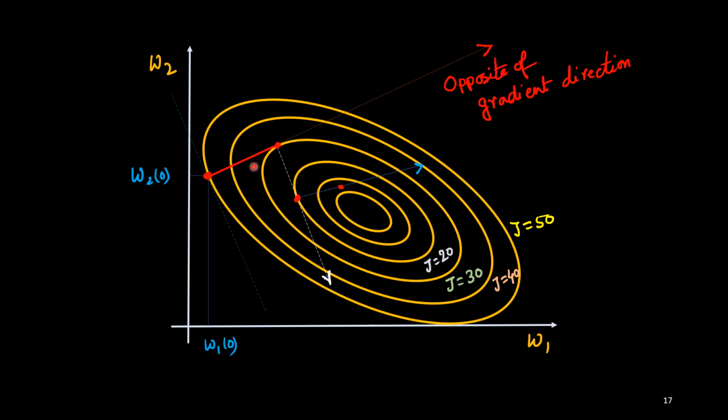So this is the first step, this is the second step, third step, and similarly you will get more steps to reach your optimal point. Right. So this is your steepest gradient descent direction, and this is the path it will follow.